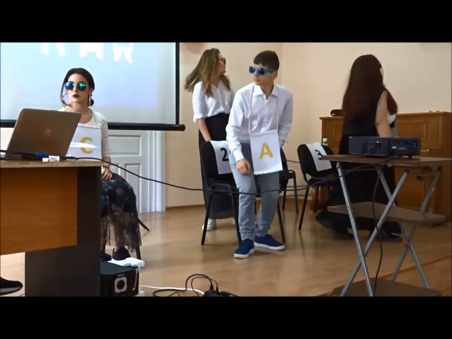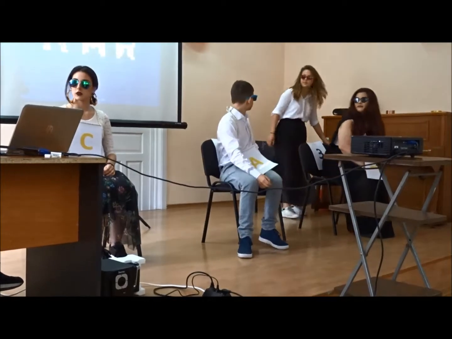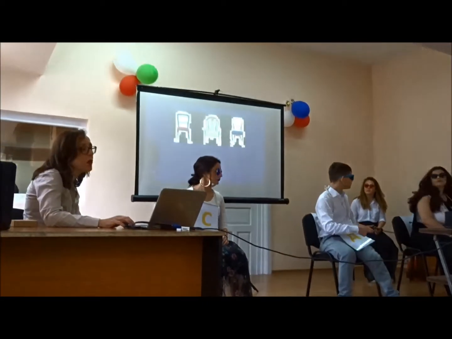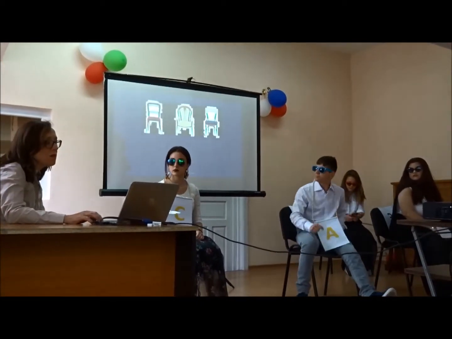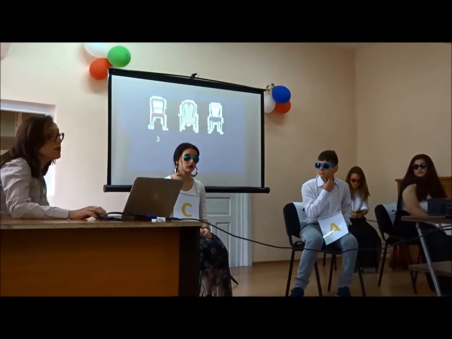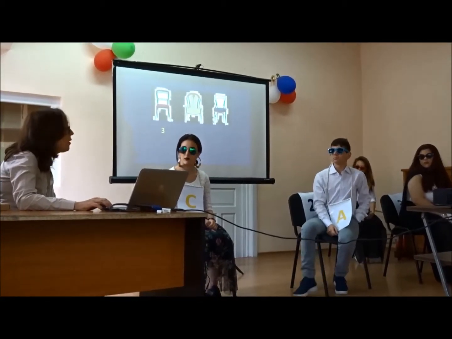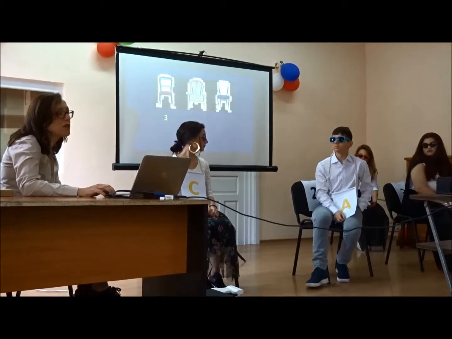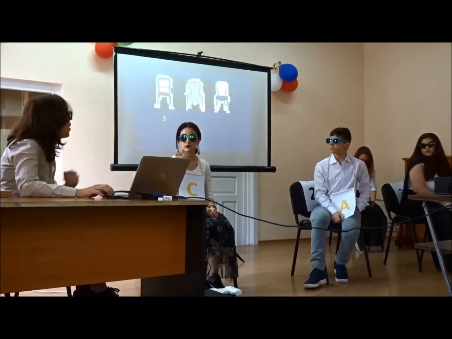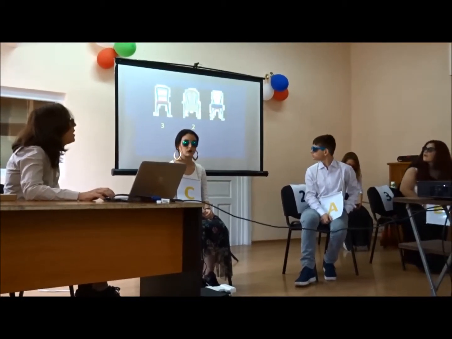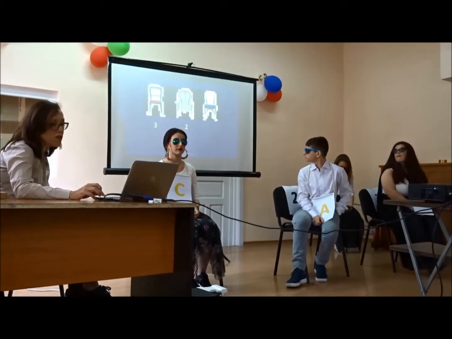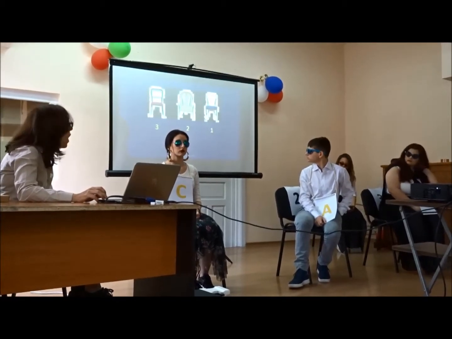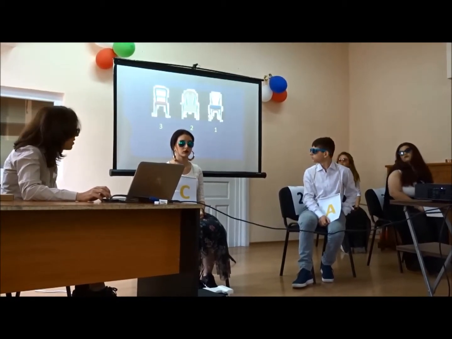Okay, let's sum up. If no one is sitting on the chairs, we have three possibilities for sitting on the first chair. If one person is sitting on the first chair, we have two possibilities for sitting on the second chair and, of course, one for the third chair.